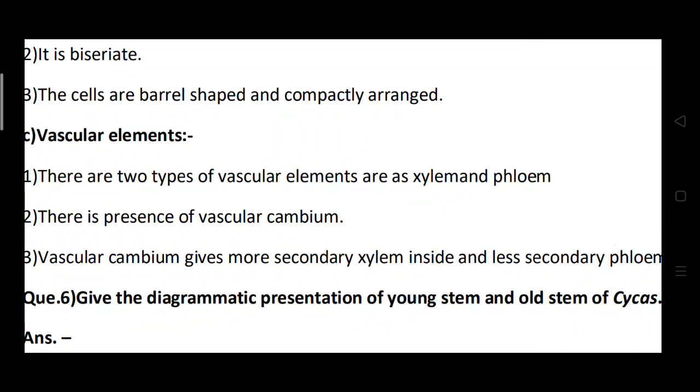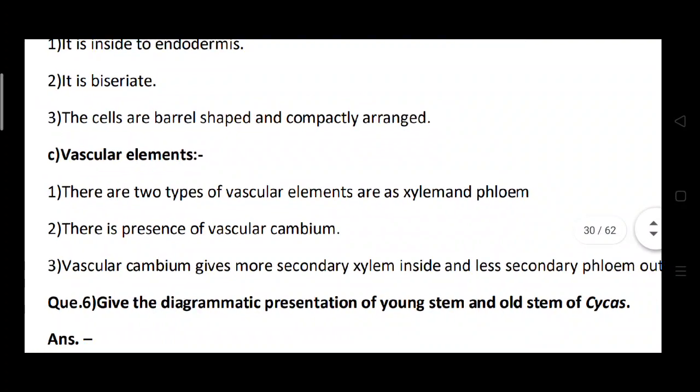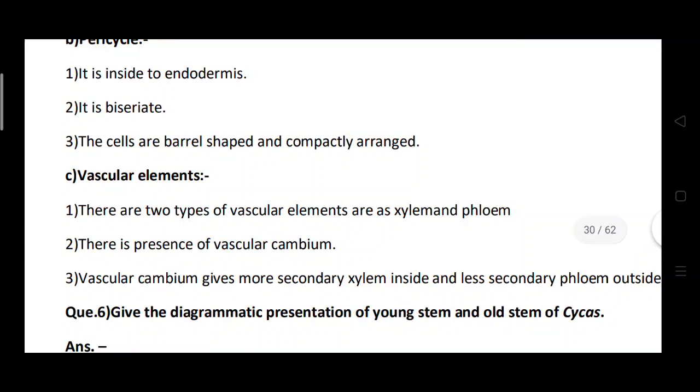So these are somewhat modifications that take place in the vascular element. The old Cycas root shows vascular cambium, and this vascular cambium adds more secondary xylem towards the inside and less secondary phloem towards the outside. So this is the condition observed in the old root.